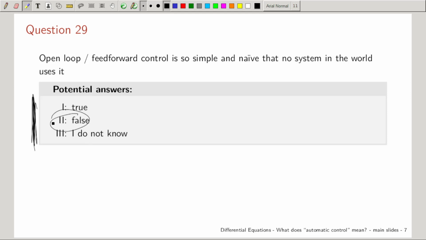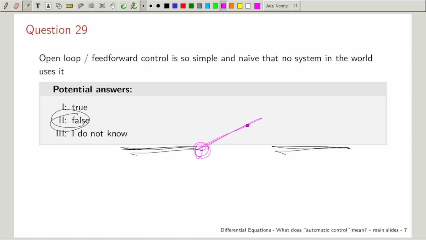Very much false. Let's make a practical example. I am building the automatic gate of my house. That means I'm going to have an object that moves with a certain angle from closed to open and vice versa. And I would like it to move with a certain angular speed in time. I've got my theta dot reference.